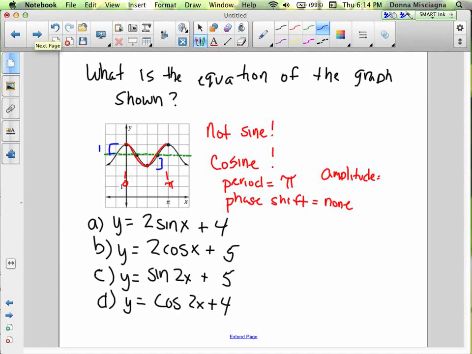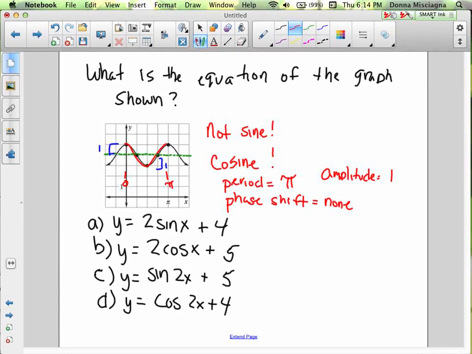That distance is only 1. So the amplitude of our graph here is 1. Right? So the vertical distance from the midline is 1, whether I'm looking at the midline to the maximum, or the midline to the minimum. Right? That amplitude is 1.